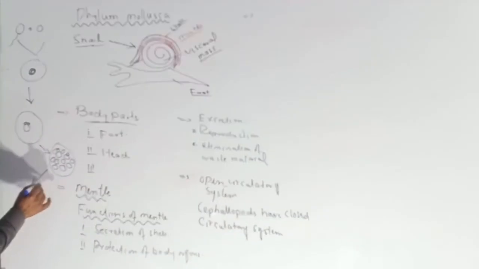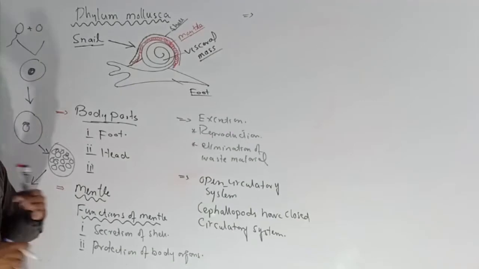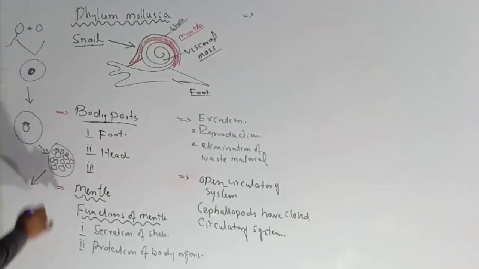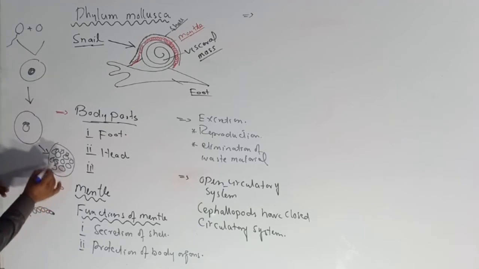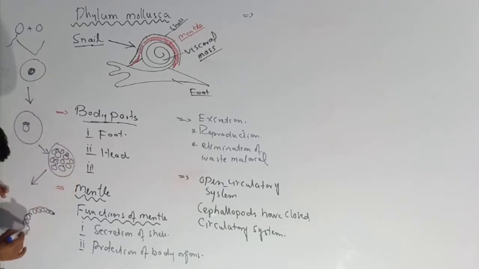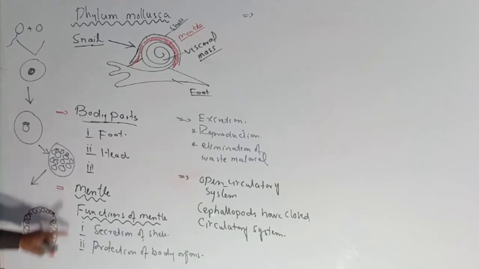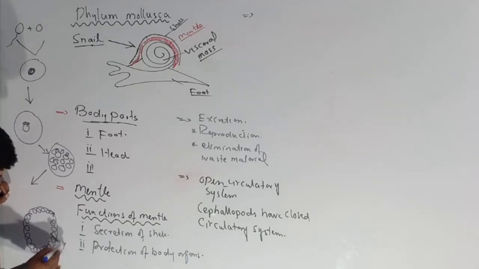And when these cells again divide and produce many cells, the central cells move toward the peripheral region. When the cells move from the central portion to the outside, there is a portion which is empty, and this whole structure is known as blastula.